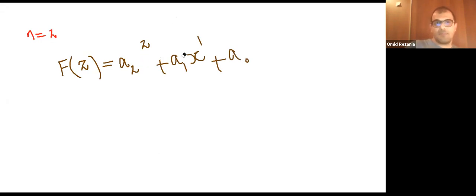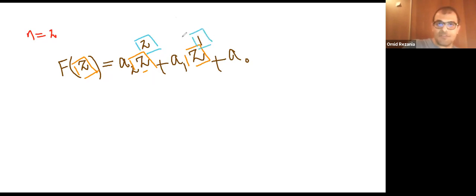Okay, again, I put x. The purpose was to show that we can change the variables to anything we want. Then I put this one z here. You see that again, we have been faithful to the variable. Everywhere we have z. And also you see the power of our variable, the highest power is 2.